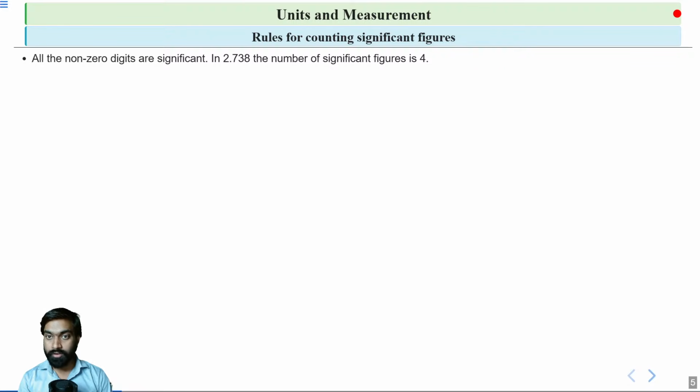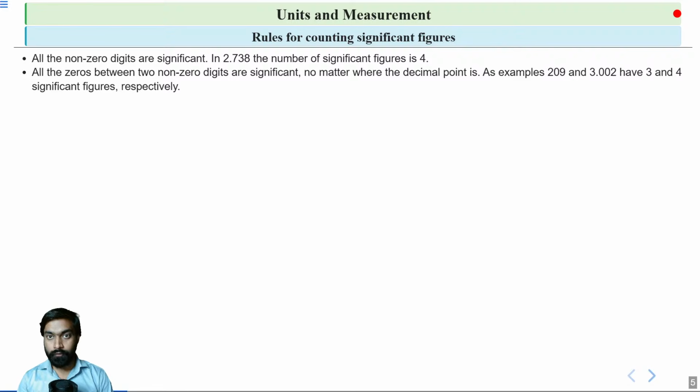According to this rule, in the number 2.738, all digits 2, 7, 3, 8 are non-zero. Therefore every digit here is significant, so there are a total of 4 significant figures.